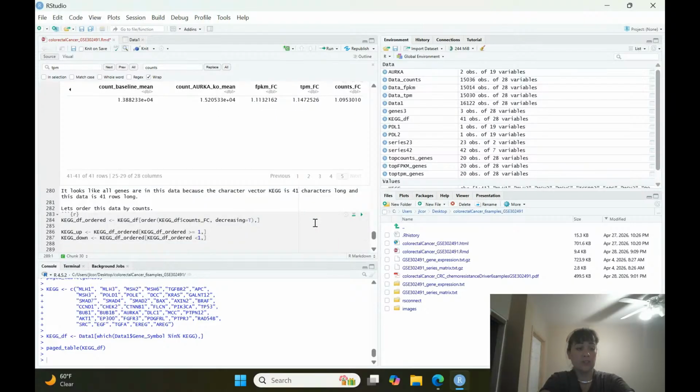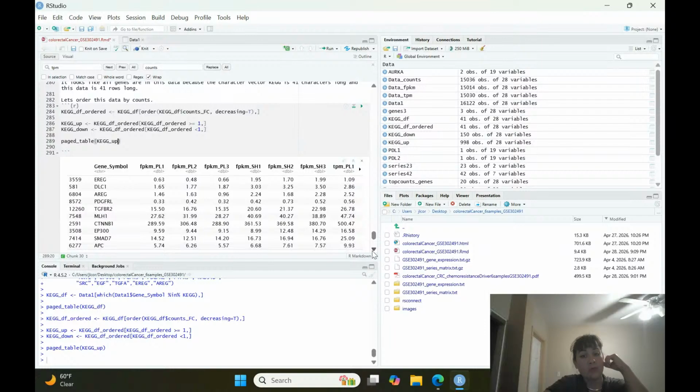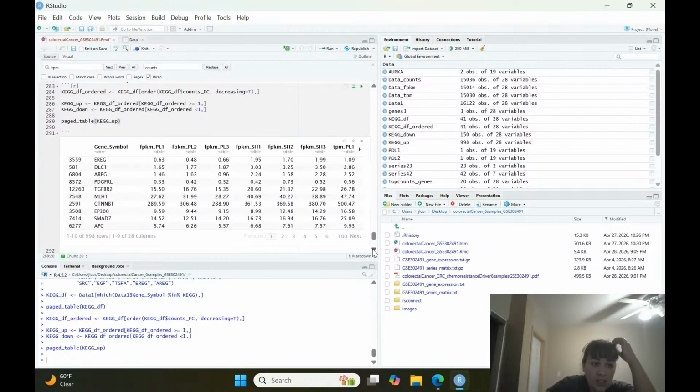All right, let's look at the upregulated genes. Oh, what? There's a lot of rows in here. That's not cool. Did I do this differently?